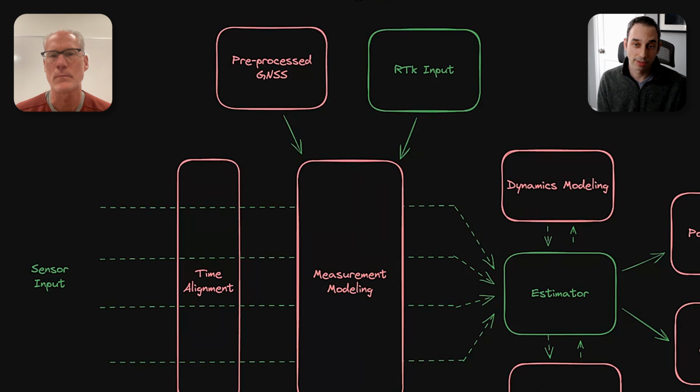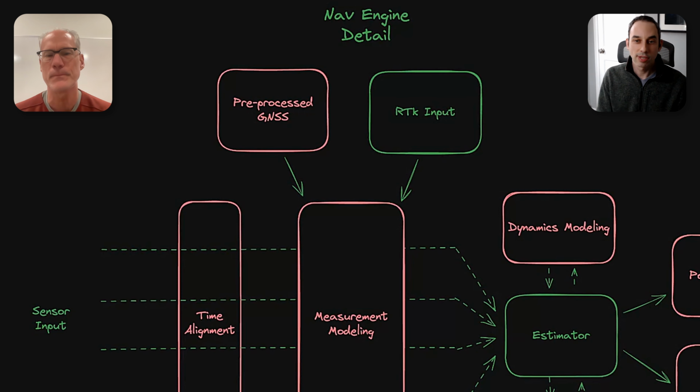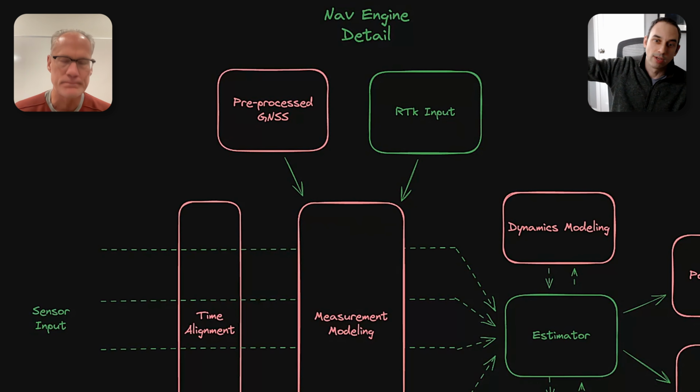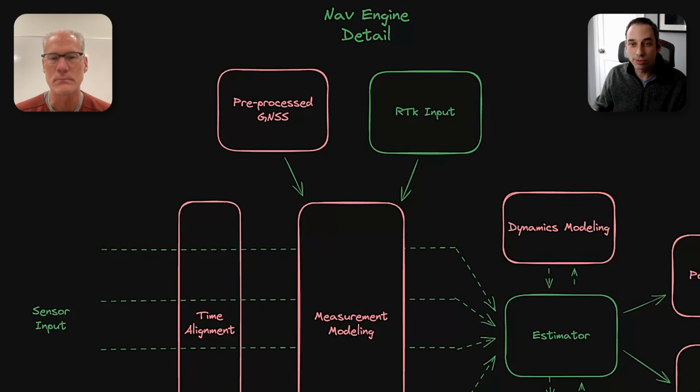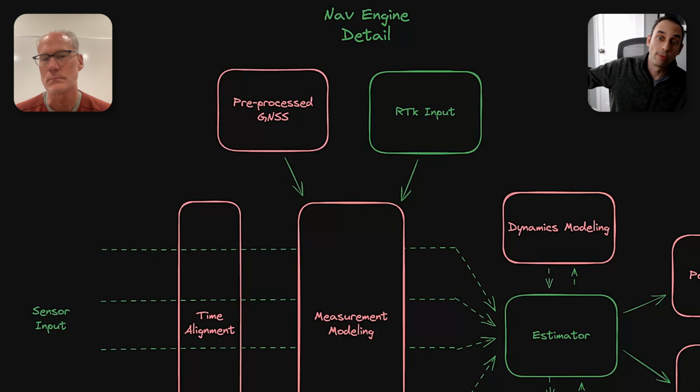Something like multipath detection. Multipath is where the signal's coming from the satellite. It may come directly to your antenna, but it might also bounce off that tall glass building over there on the other side of the street. And if I get both of those bounces, they kind of blur together, and then it becomes less obvious what the right answer is. Or in the extreme case, the signal that is going direct from the satellite might be blocked by a tall building, and the only thing I see is a bounce that's actually incorrect.